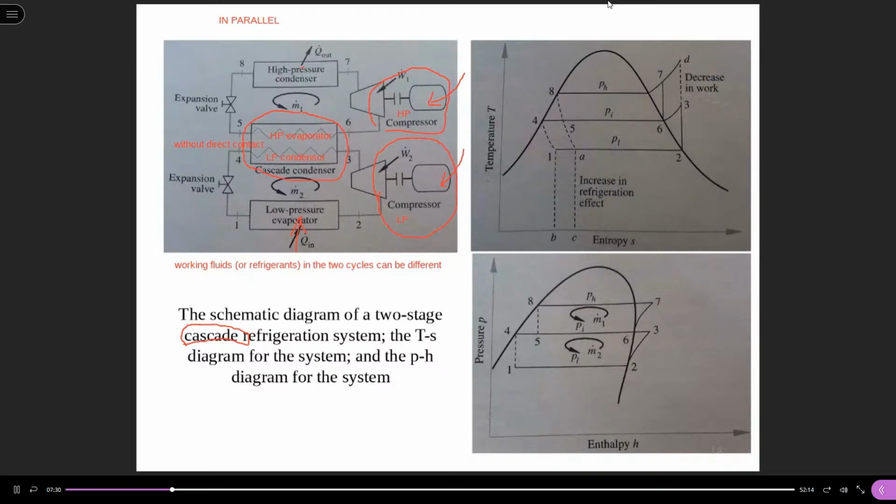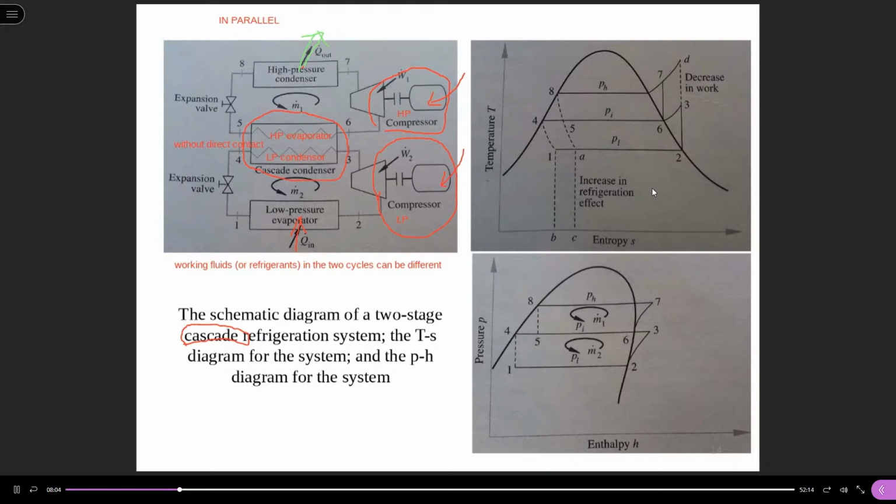For the cycle, according to the first law of thermodynamics, there is definitely a heat rejection. So now we understand the working principle of this two-stage cascade refrigeration system.